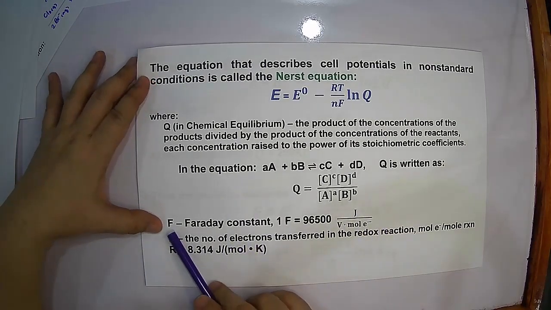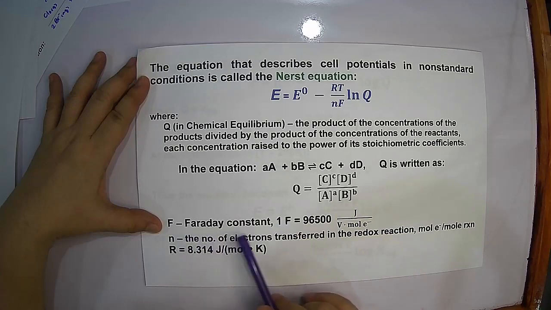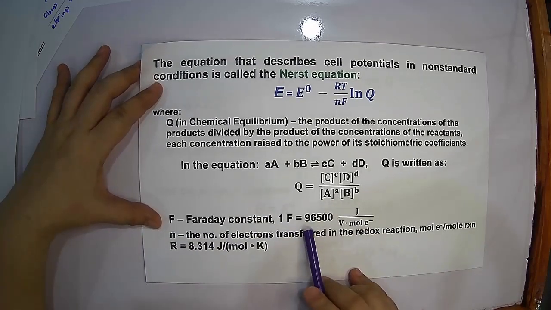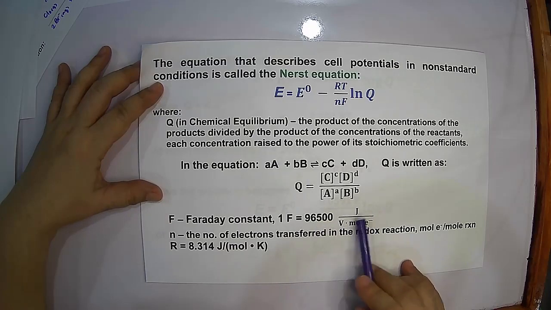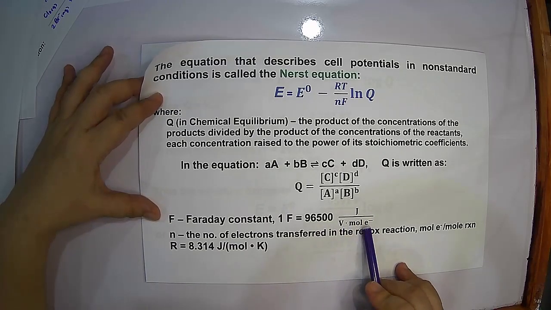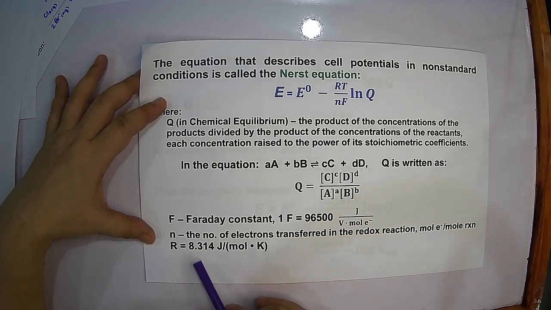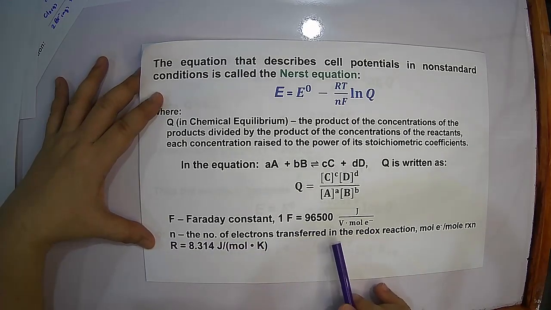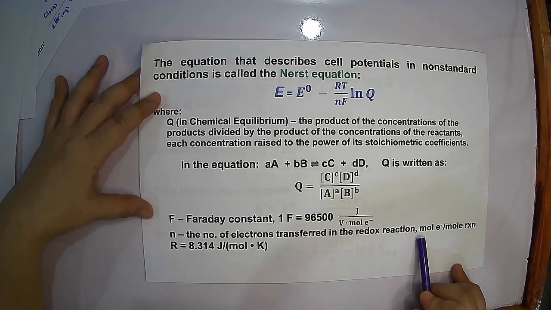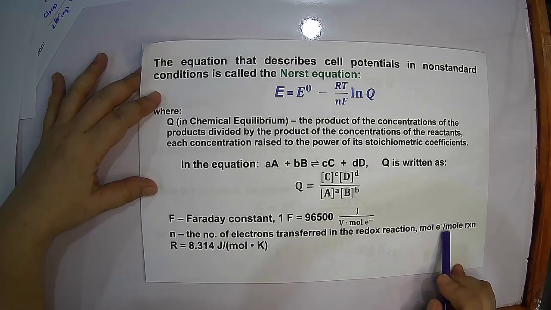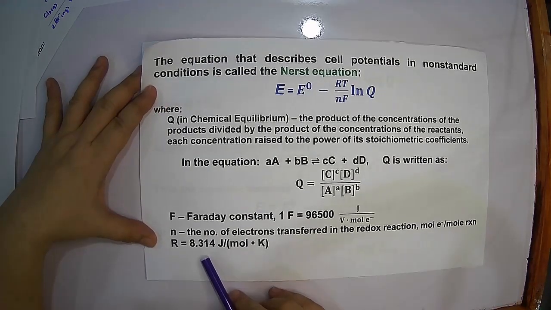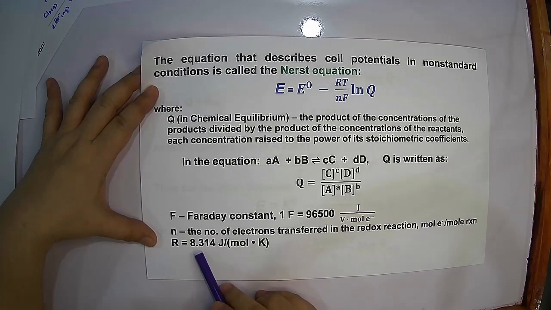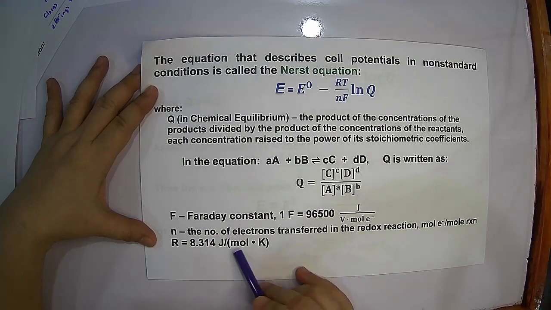Okay, F is the Faraday constant with a value of 96,500 joules per mole of electrons. N is the number of electrons transferred in the redox reaction, in units of moles of electrons per mole of reaction. And R is the ideal gas law constant with a value of 8.314 joules per mole Kelvin.